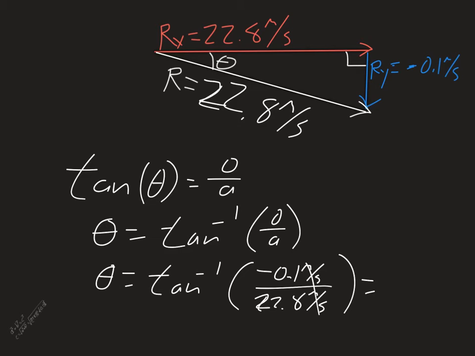When I do that and I put it in my calculator, you're going to get an angle of 0.3 degrees, which is awesome because if that equals 0.3 degrees, then we can see that it's almost entirely in the x-axis, and that's why that value that we got there should be very close to that. And we now have our resultant vector.